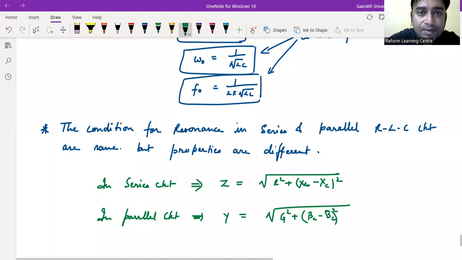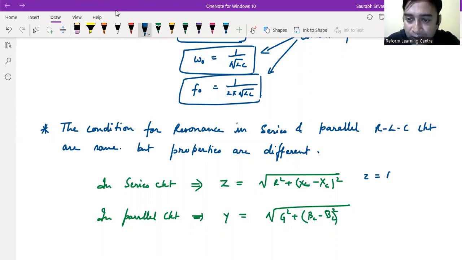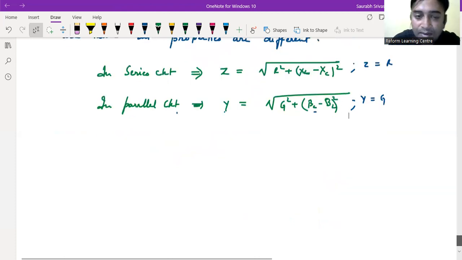In case of resonance in series circuit, Z was minimum and Z was equal to R. In case of parallel RLC circuit, ये 0 हो जाएगा and Y will be minimum and Y will be equal to G. Resonance condition. At resonance, BC minus BL is equal to 0.